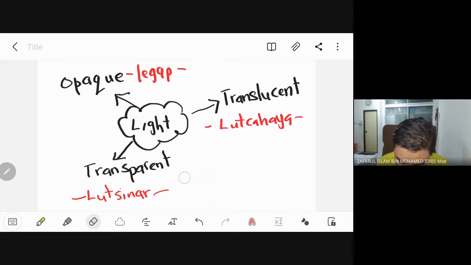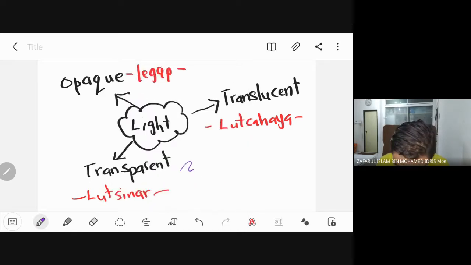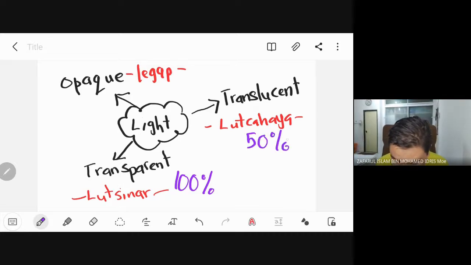So, saya tukar color lain lah. Color purple lah. Okay, 100. Okay, translucent 50%. Okay, opaque 0%. Okay, apa maksud 100%, 50% and 0%?